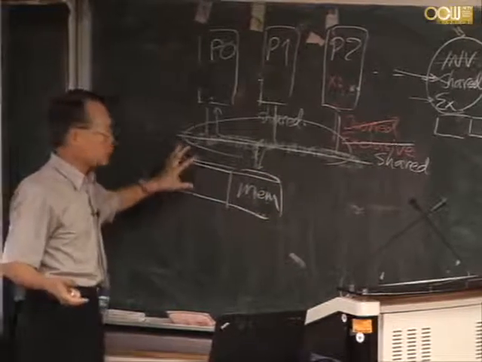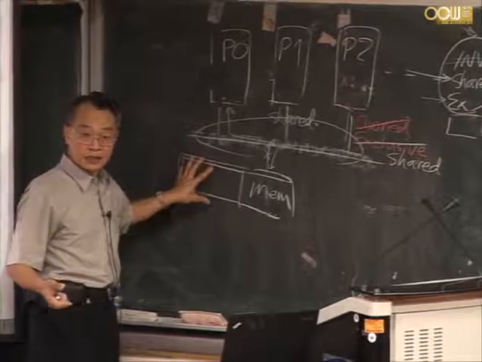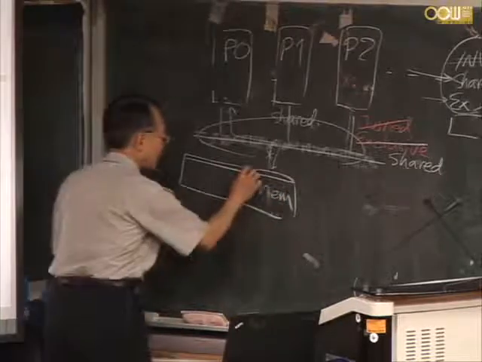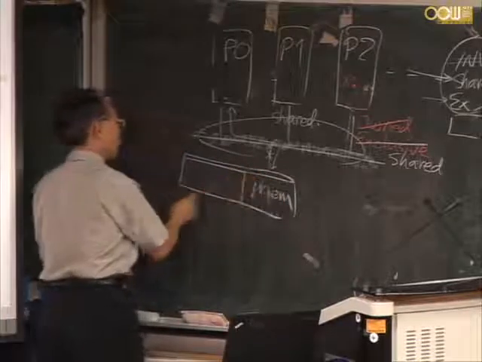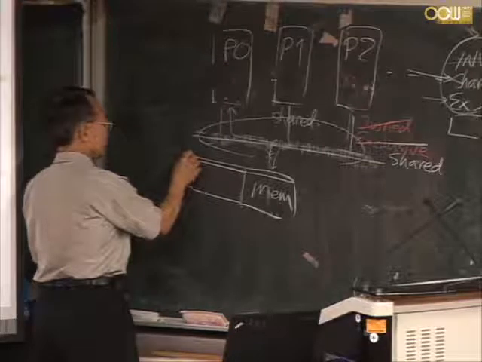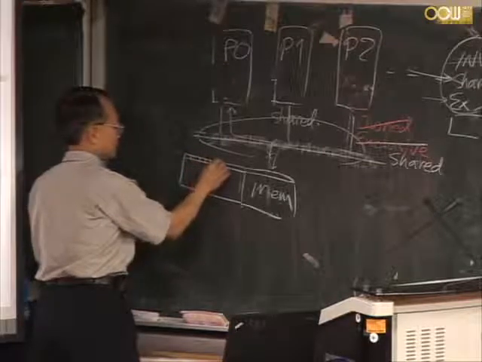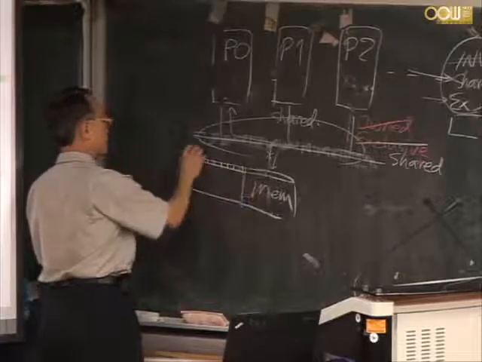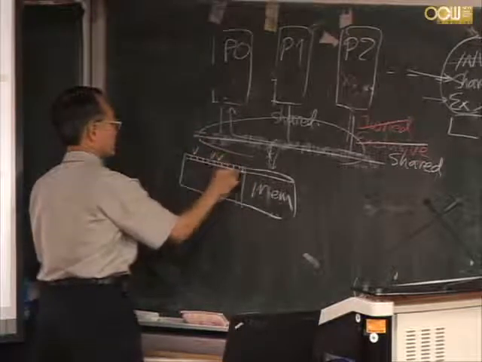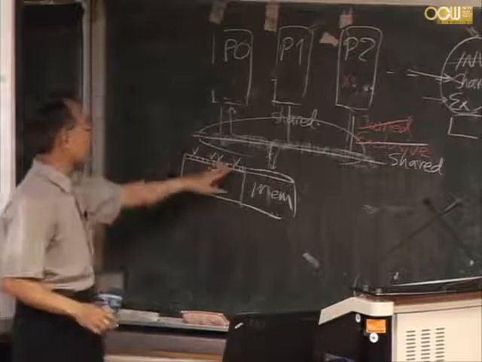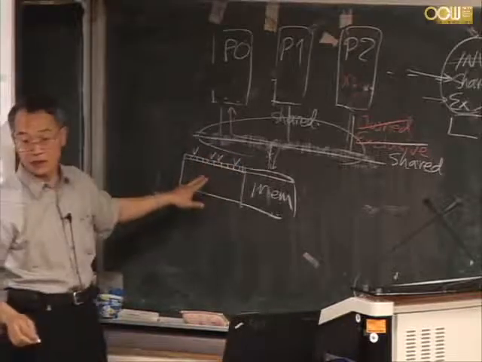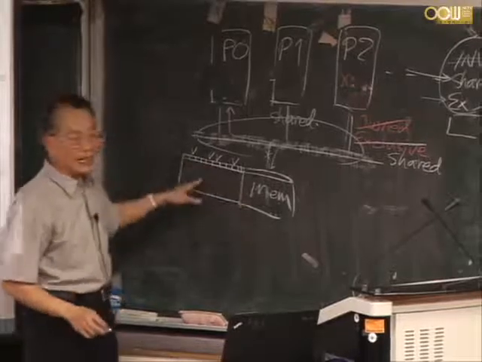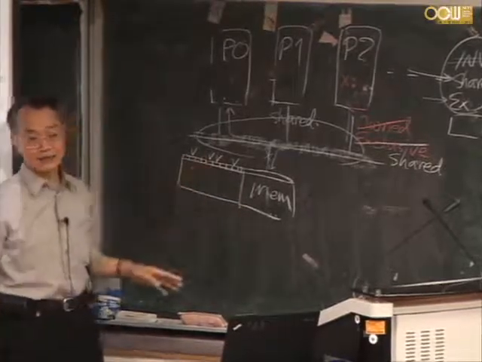But I can use another DRAM to build a table for that purpose. So for every cache line in my memory, I will mark that this cache line has been read by this one, by this one, by this one, by this one. I know exactly who has what. I have such a table telling me who has what exactly.